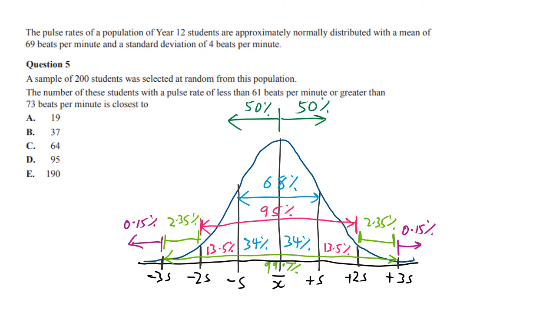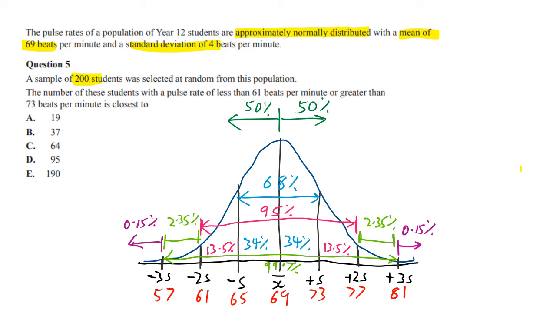All right, still the same data in all these questions, but it says approximately normally distributed, mean of 69, standard deviation of 4. So we know that's 69. This is 73 because you add 4, 77, 81. This is 65, 61, and this is 57. All right, now again, we've actually got 200 students.